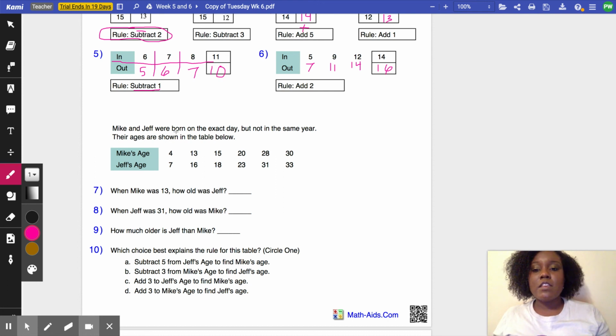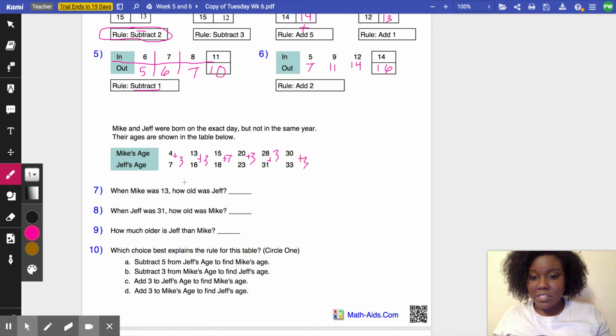So this pattern to me looks like it is adding 3. 4 plus 3 is 7. 13 plus 3 is 16. 15 plus 3 is 18. 20 plus 3 is 23. 28 plus 3 is 31. And 30 plus 3 is 33.